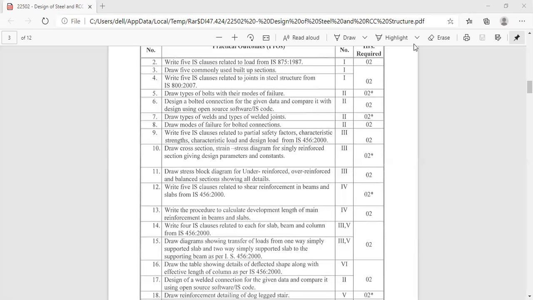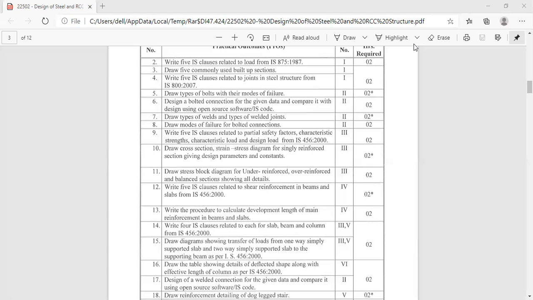There are different modes of failure: shear failure of a bolt, bearing failure of a bolt, and tension failure of a bolt. Shear failure is when there is shearing between two plates. The bolt gets cracked due to the shear load and breaks into pieces. This type of failure is called shear failure.